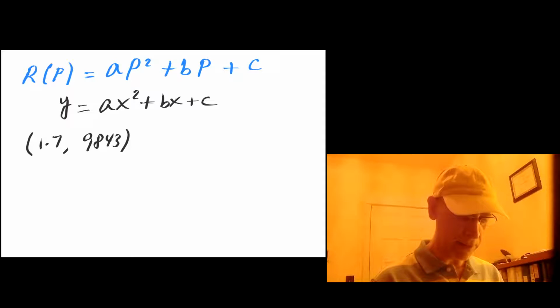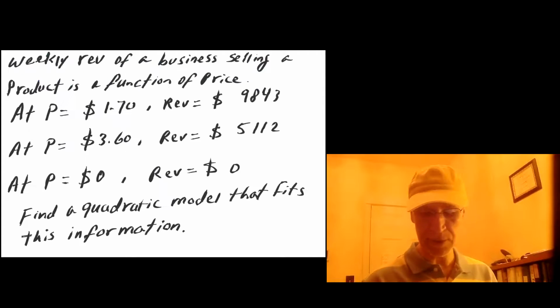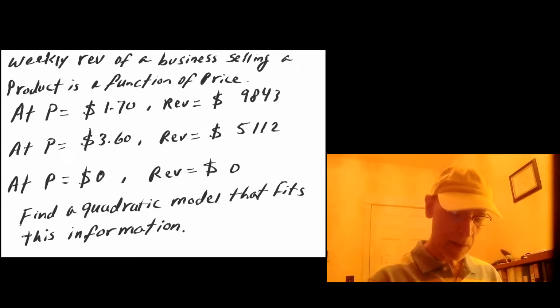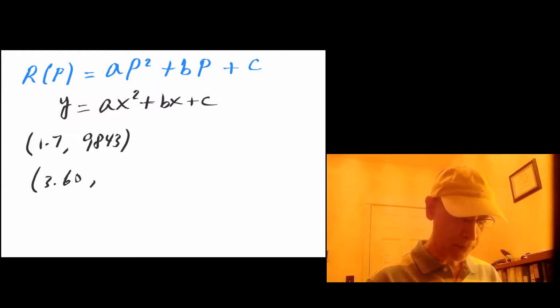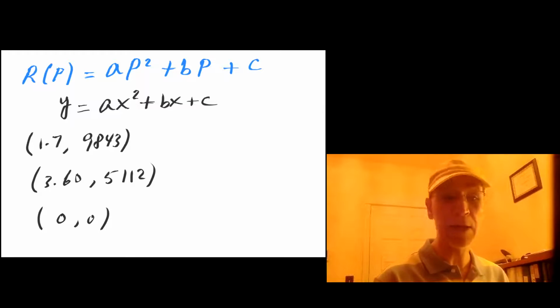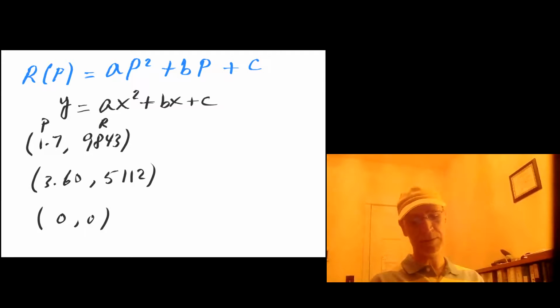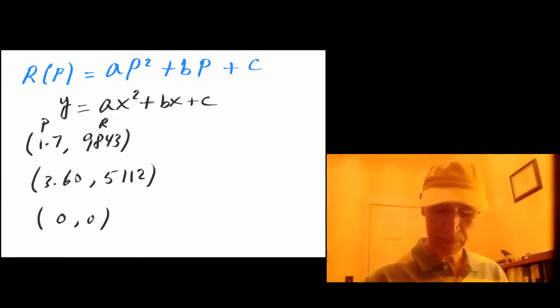I know that 3.60, let me go back one page, yes, 3.60 corresponds to 5112, and 0 corresponds to 0. So remember that this is my input price, and this is my output revenue. Let me go to the next page.